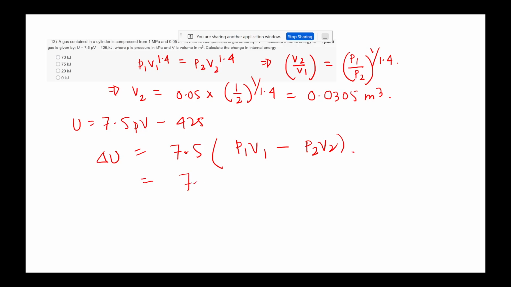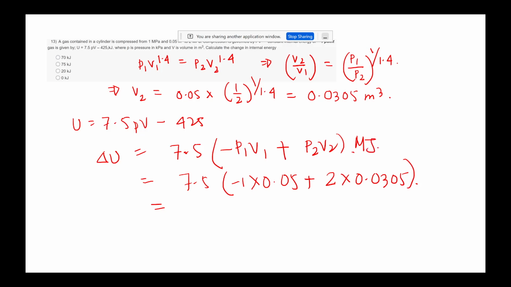Let's take P1 is 1 times 0.05, P2 is 2 times 0.0305. And if you do the calculations, this will be all in megajoule, because this is megapascal and this is meter cube, so megajoule.